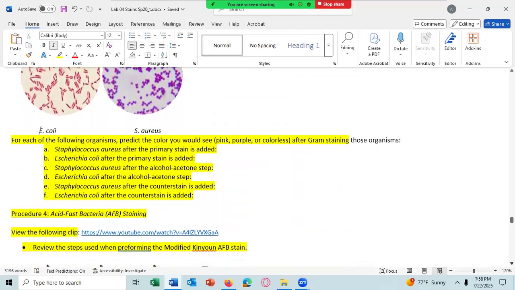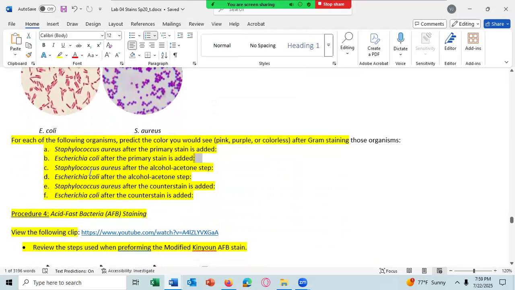All right. For procedure 3, also do 3A, B, C, D, and E, and F. For Staphylococcus aureus, after the primary stain is added, state the color. It's either pink, purple, or colorless. And then E. coli, after the primary stain is added, give me the color right here.